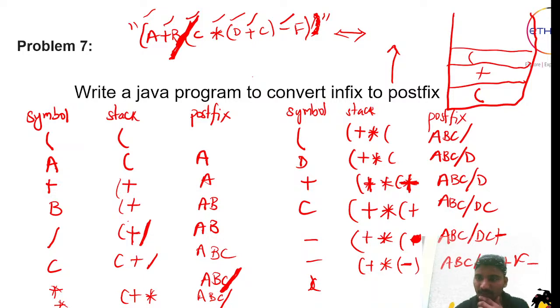Cool. This is one condition, and stack dot peek has to be something which is very familiar to us. Peek means the topmost element I am talking about. Now the stack dot peek has to be what? Which will be the condition?